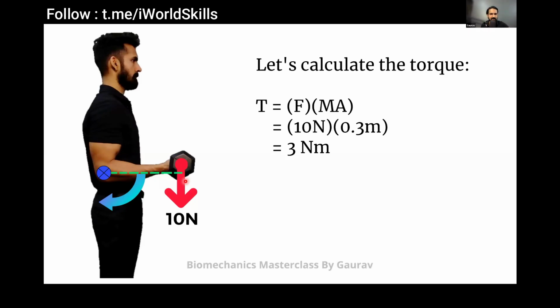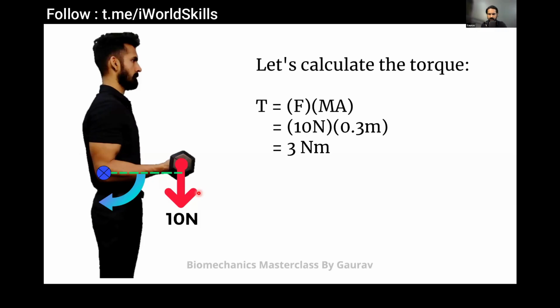But for this particular example, the most relevant joint was the elbow joint. So that is what we have discussed, just to keep things simple. However, you must understand as professionals that this dumbbell is going to produce torque at other joints as well. Correct? You will understand this as you move ahead.